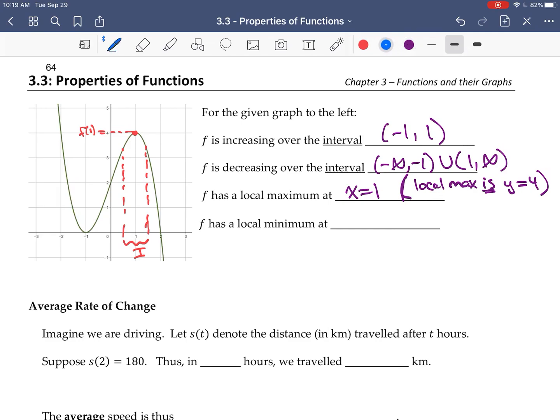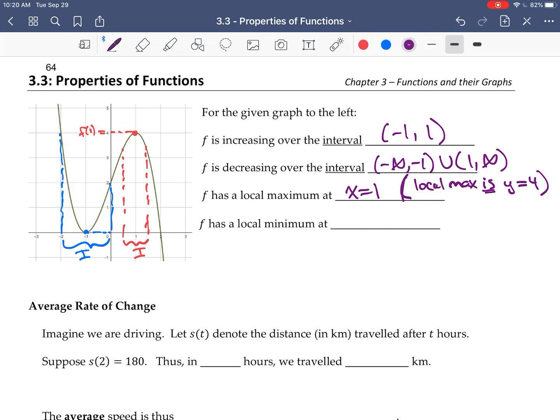Similarly, there's a minimum down here. I can take an interval, it doesn't really matter. Let's say I go all the way to here. So maybe this is my I for the minimum. But you can see that the value at x equals -1 is the smallest y value.